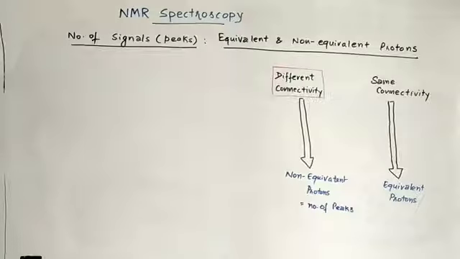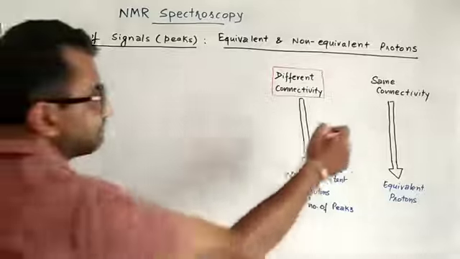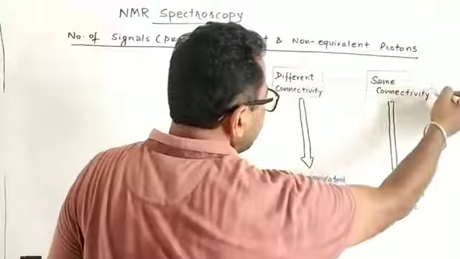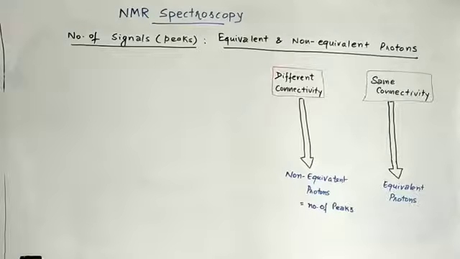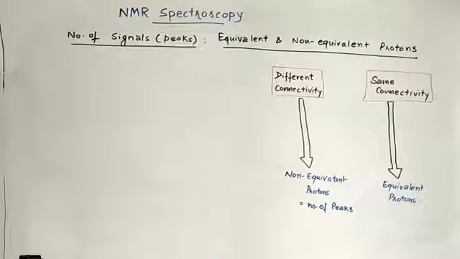If a compound has 5 non-equivalent protons, there will be 5 peaks in the NMR spectrum. If the connectivity is the same, we say they are equivalent protons. All the equivalent protons, whether they are 2, 3, 4, 5, 10, 12, 13, 14, give only one peak. When the protons are non-equivalent, they give different peaks.